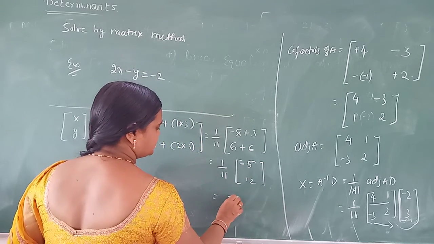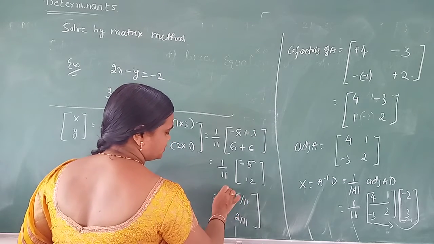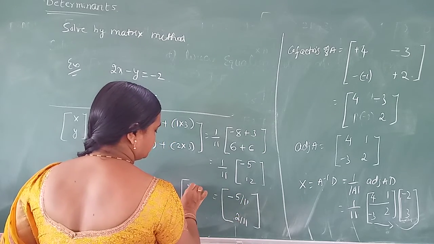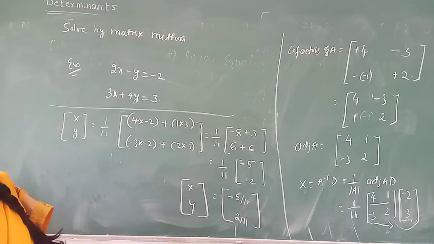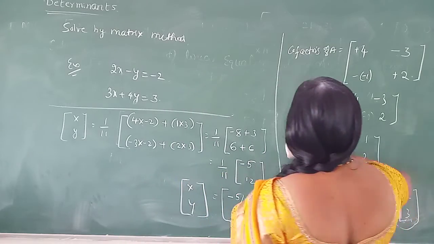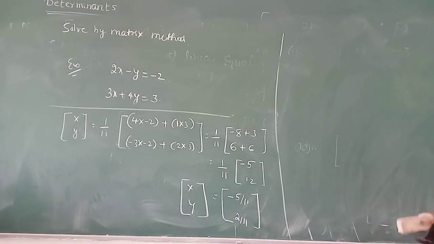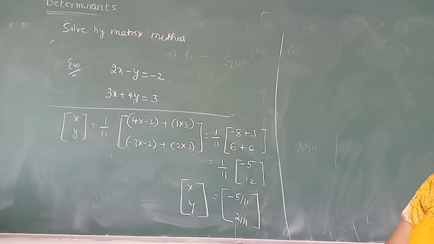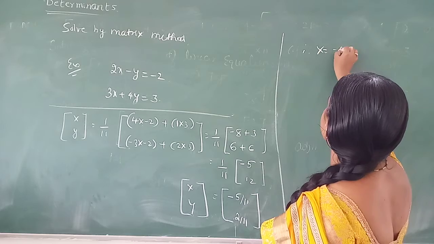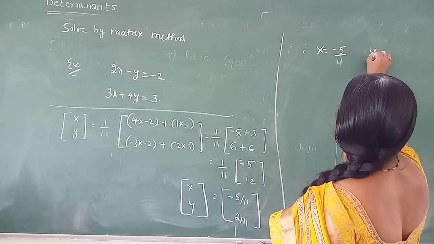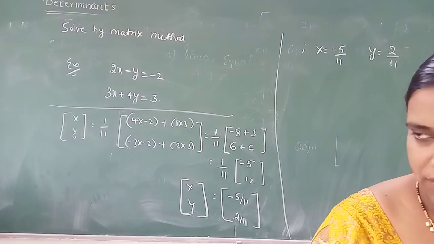Therefore, the answer is minus 5 by 11 and 12 by 11. Therefore, we got the value of x is minus 5 by 11, y is 2 by 11.